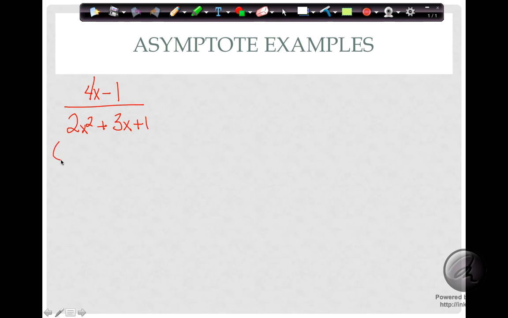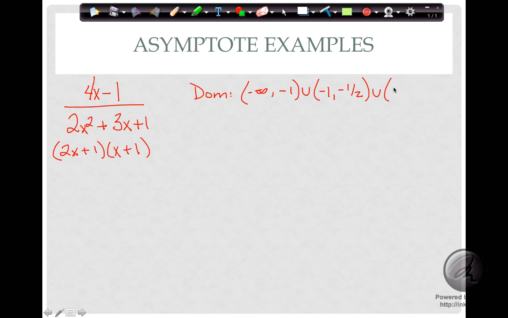And what I do straight away is I just factor these. So this becomes 2x plus 1 and x plus 1. If you refoil this together, you'll notice that I get this. So my domain is everything except for negative 1 and negative half. So it's negative infinity up until negative 1, negative 1 to negative half, and negative half to infinity.